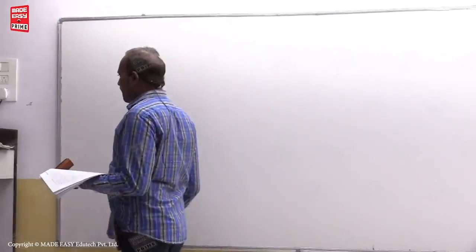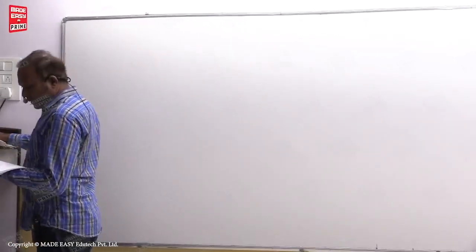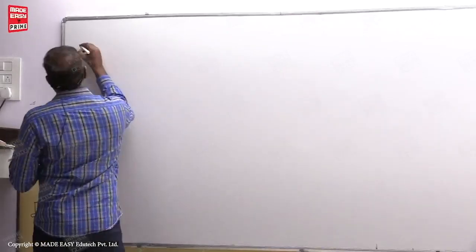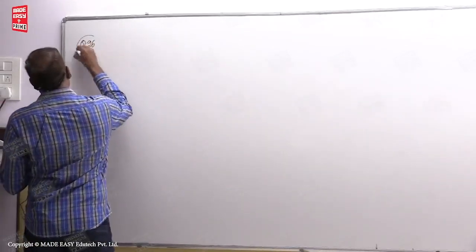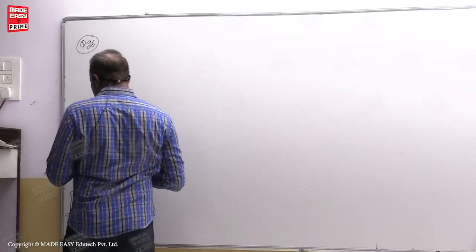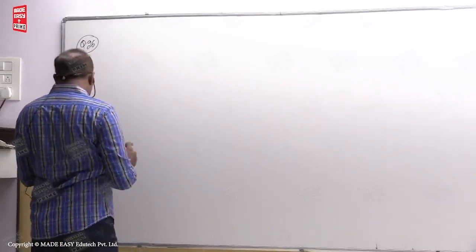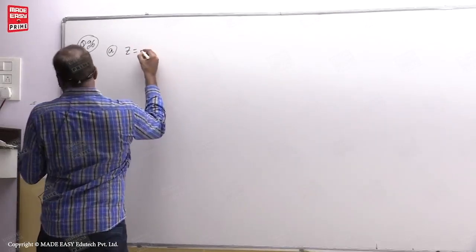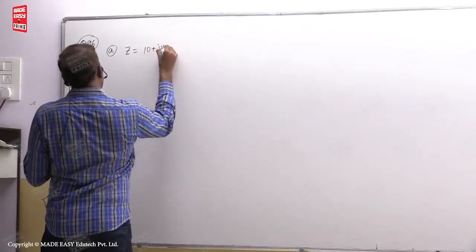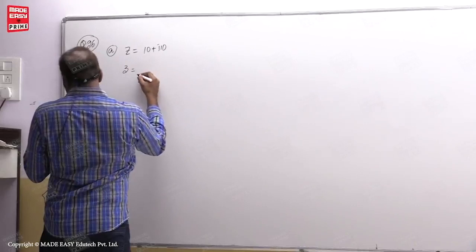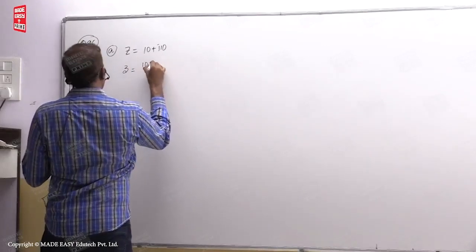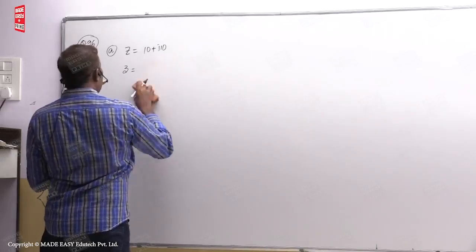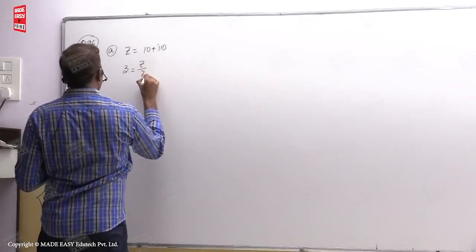Next, this question number 26. Here one Smith chart is given. For example, in option A, impedance is given as 10 plus j10. For this, normalized impedance is equal to 10 plus j10 divided by what? Normalized impedance definition is impedance by characteristic impedance.